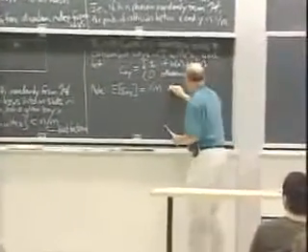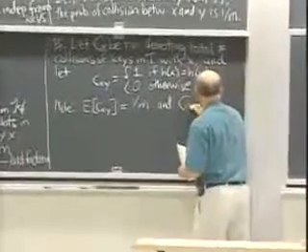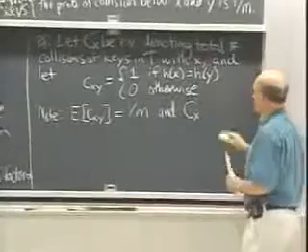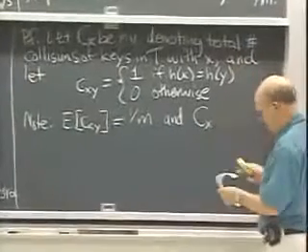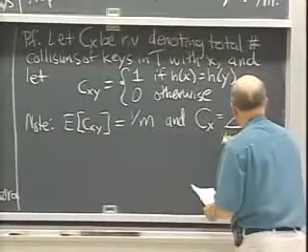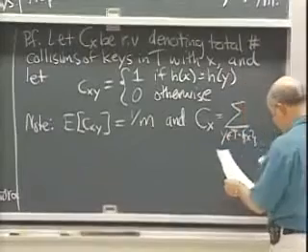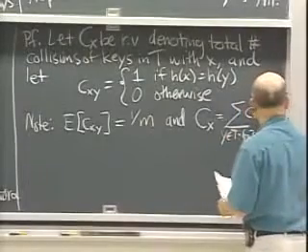And then the other thing is, and the reason we picked this thing is that I can express capital C sub x, the random variable denoting the total number of collisions, as being just the sum over all the keys in the table, except x, of c of xy.